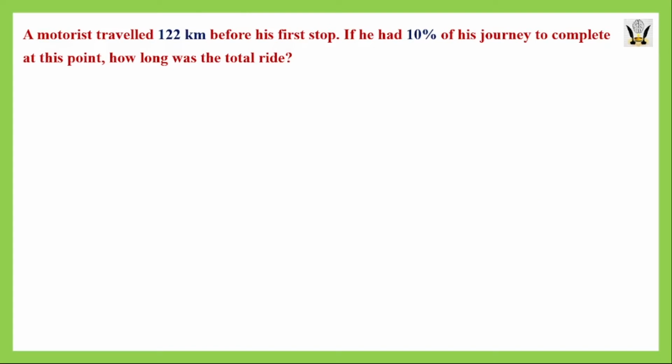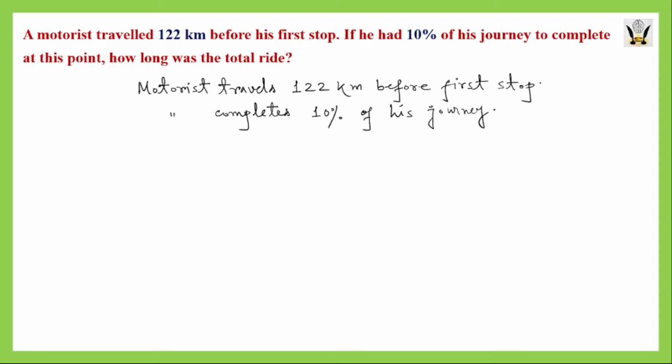Now the next problem sum says a motorist traveled 122 km before his first stop, and if he had 10% of his journey to complete at this point, how long was the total ride? So before his first stop, the motorist traveled only 122 km, and by that time he has completed only 10%.